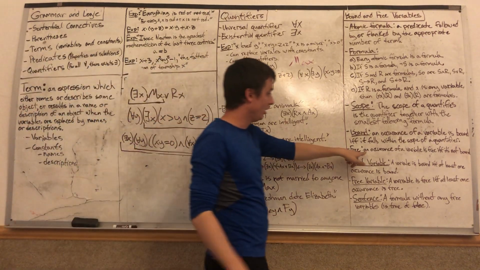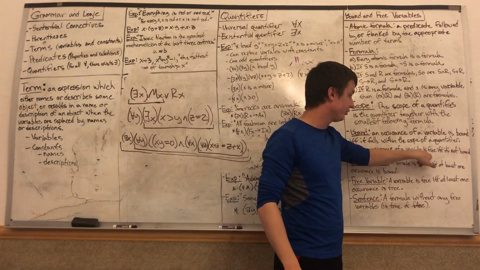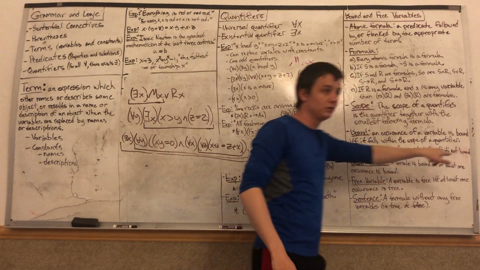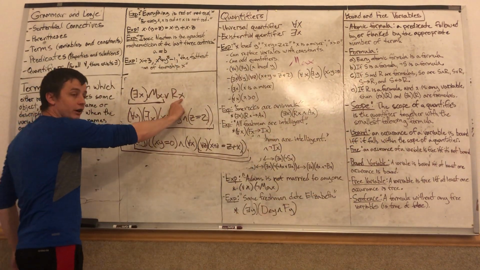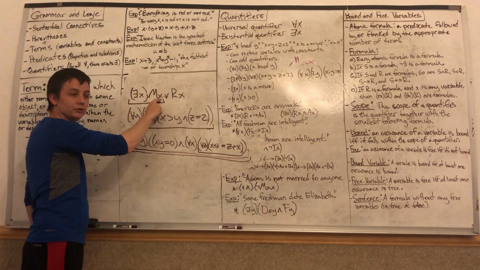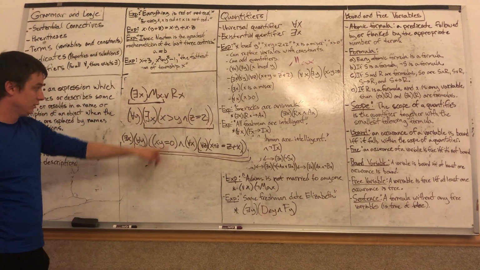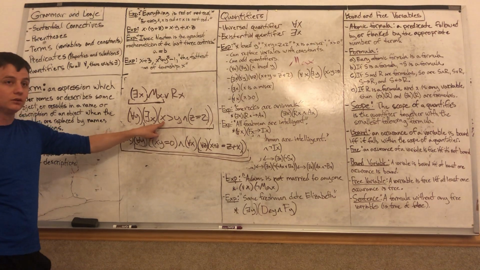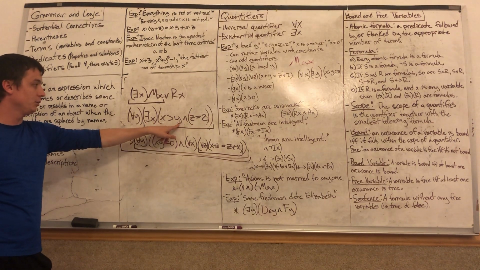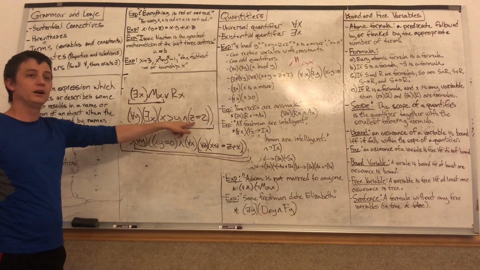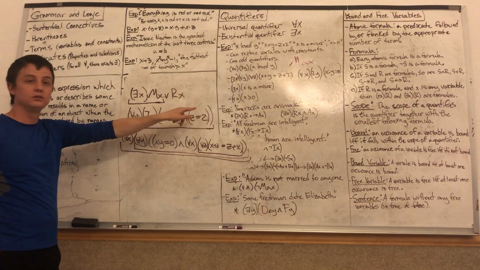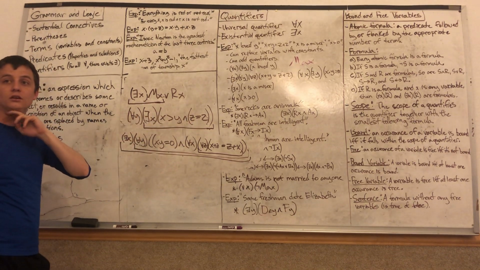Okay. An occurrence of a variable is free if and only if it's not bound. So this is a free occurrence of x, this is a bound occurrence of x. Is this x free or bound? Bound. Is this y free or bound? Bound. Is this z free or bound? It's free. It falls within the scope.